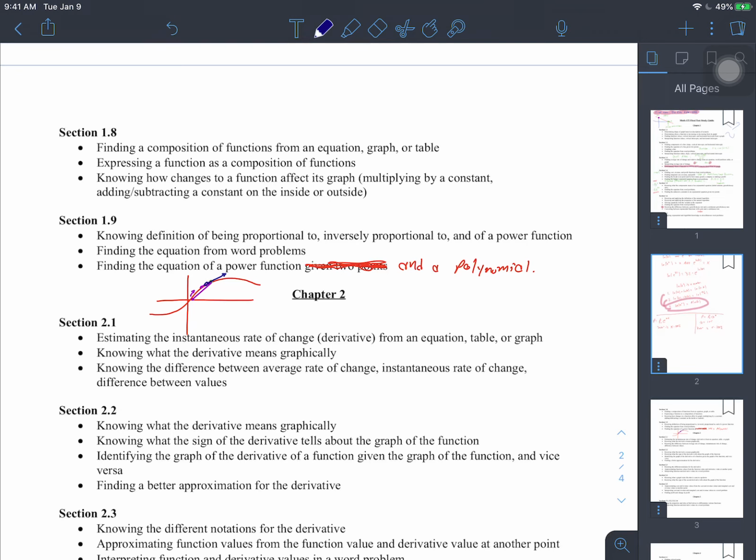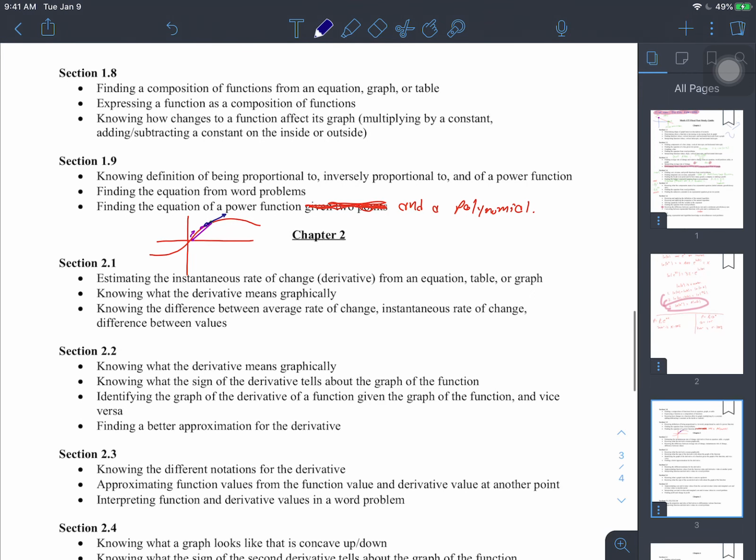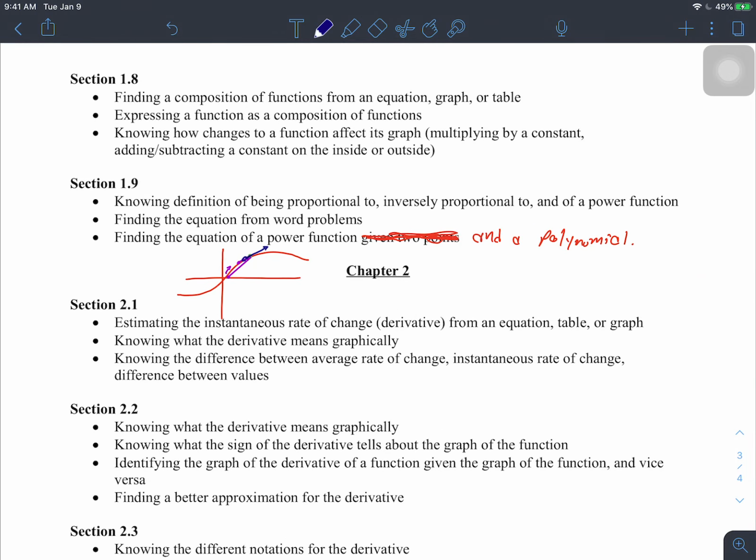There are ways that if I give you certain information, you'll be able to use this method, but you wouldn't be able to use, say, your typical derivative rules to compute this instantaneous rate of change. Okay, so that's that.